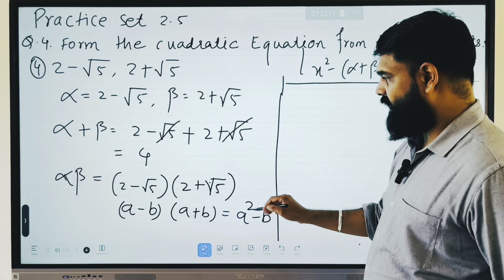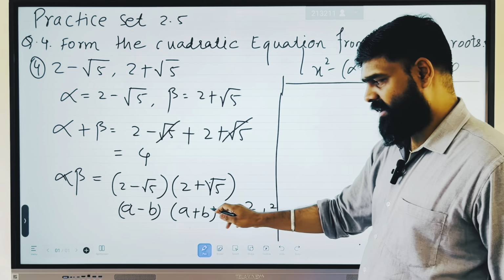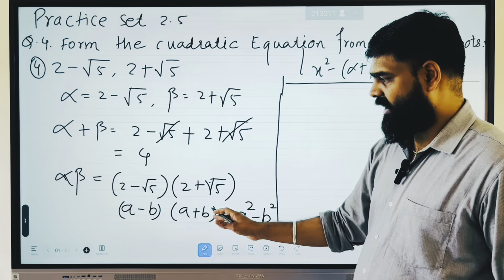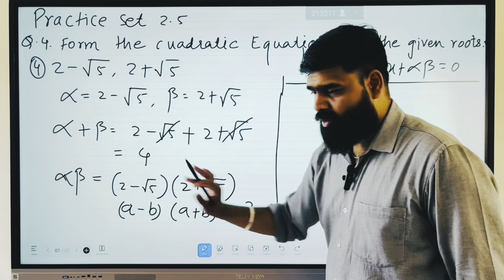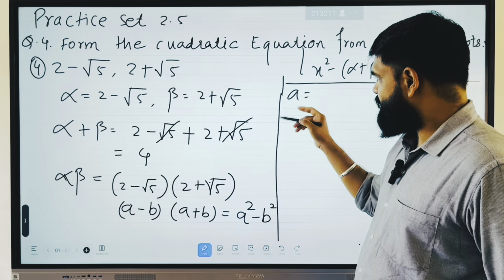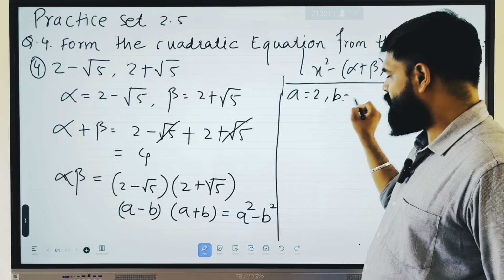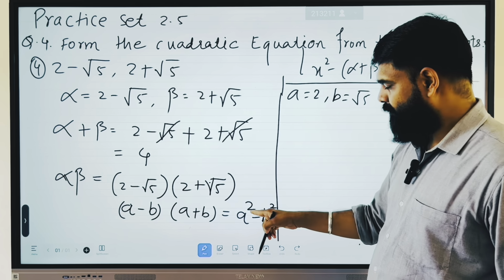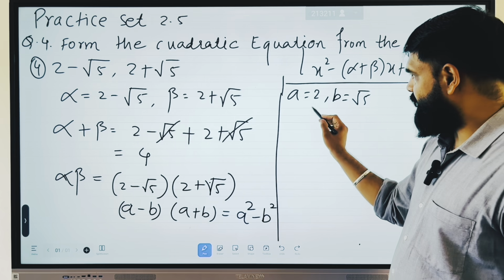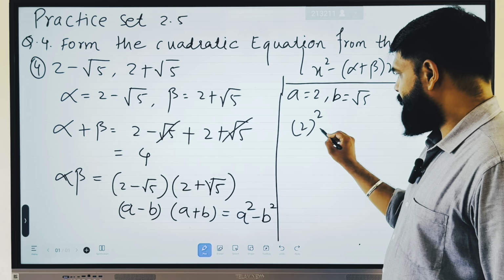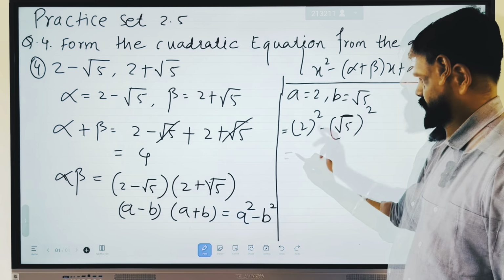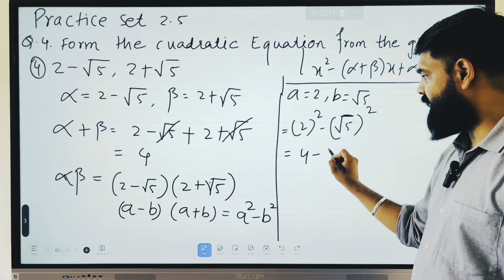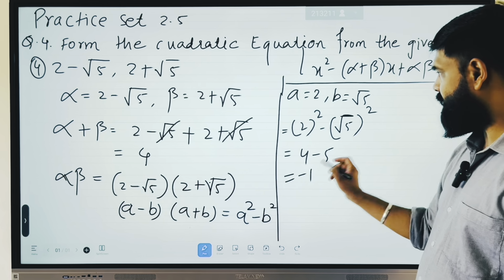It is in the form of (a plus b)(a minus b), where a is equal to 2 and b is equal to root 5. So we have to make the squares: 2 square minus root 5 square. The square of 2 is 4, minus 5. So we are getting here minus 1.